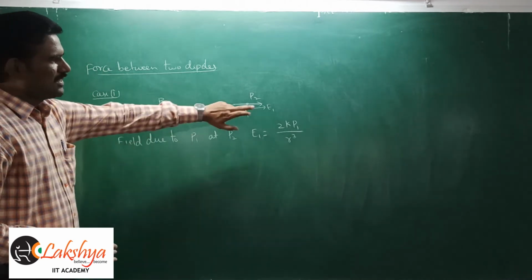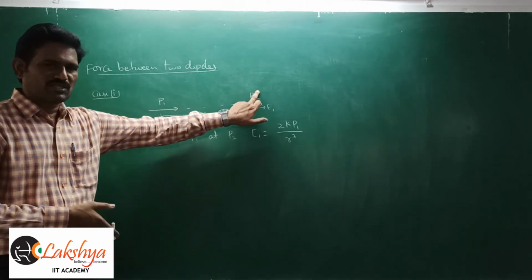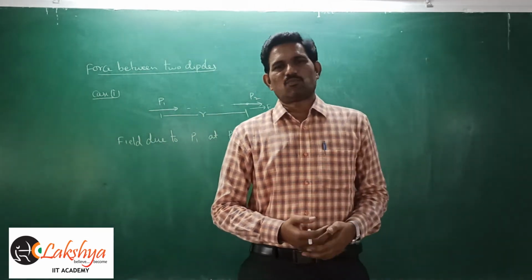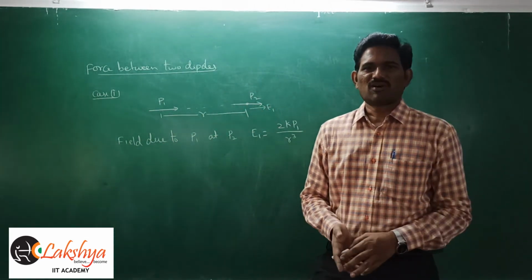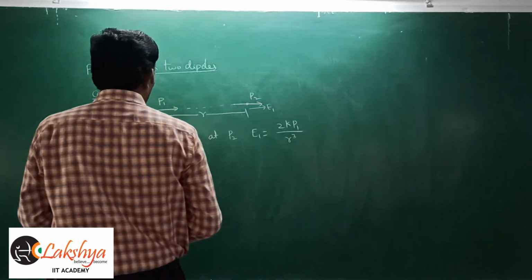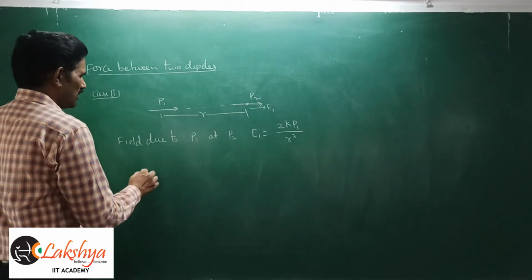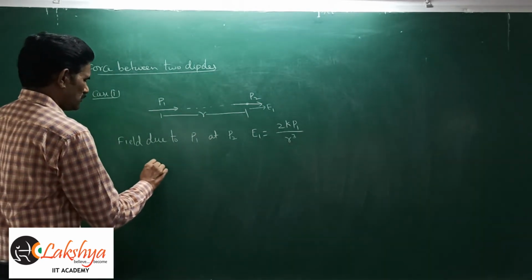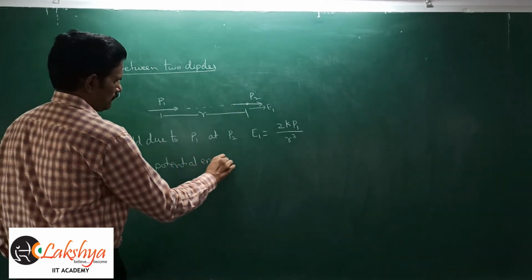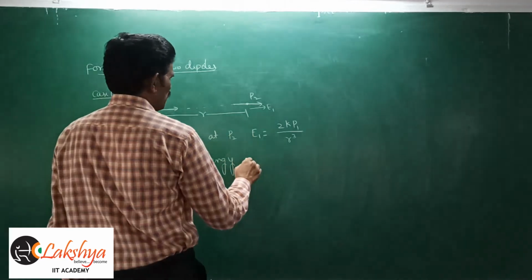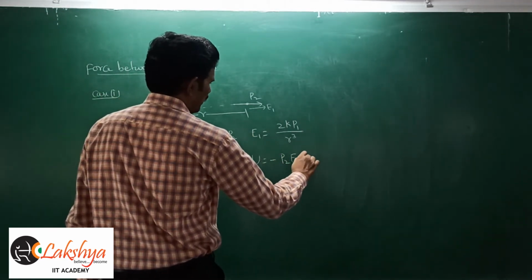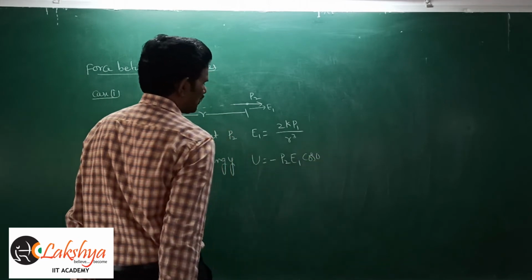Now in this electric field, this dipole is present. Whenever a dipole is placed in an external electric field, it possesses some potential energy, given by minus PE cos theta, where theta is the angle between P and E. So the potential energy of this dipole is minus P2 into E1 into cos 0, because both are in the same direction.